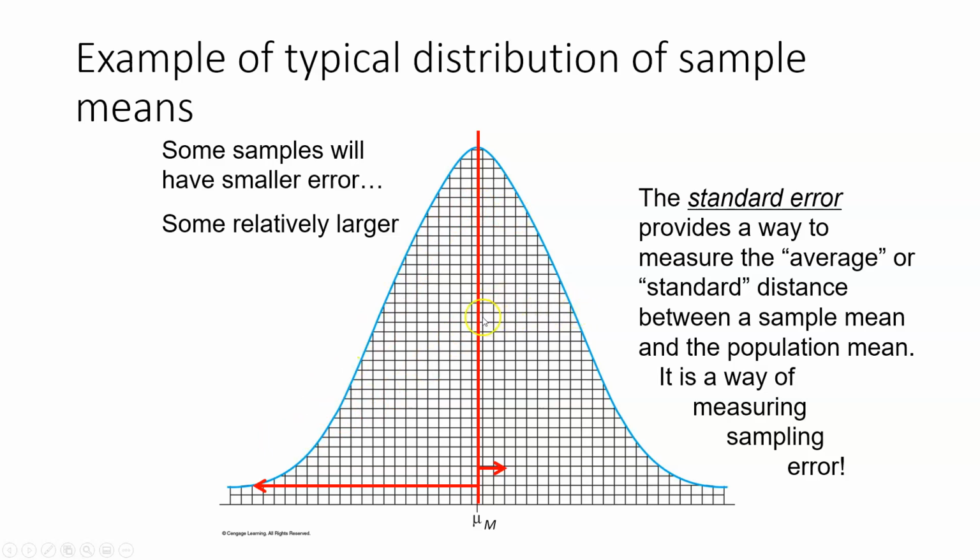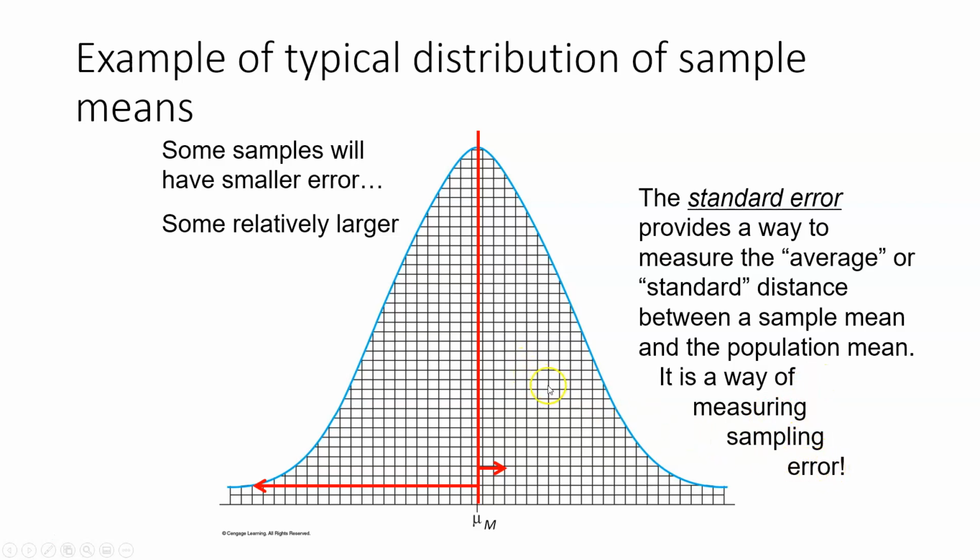That standard deviation here, or the standard error, is a typical distance of how far away most of these sample means are from the population mean reflected here. Sometimes they're close, sometimes they're far, but on average they will be that distance right there, the standard distance, the standard error. So this is a way of measuring sampling error.